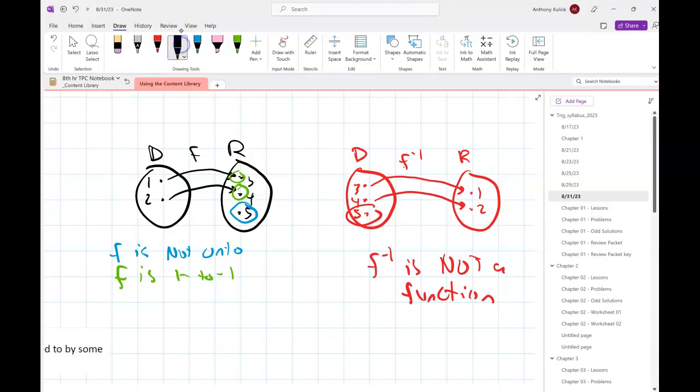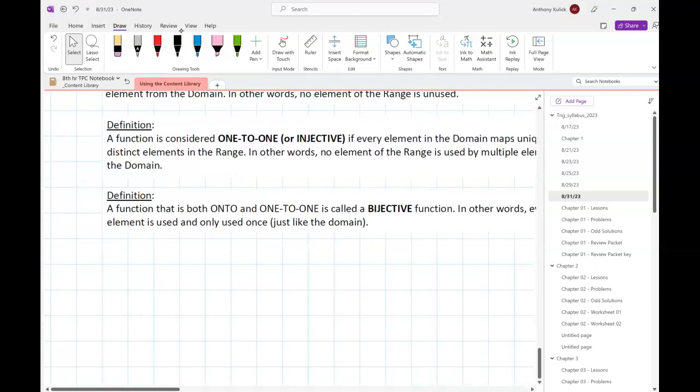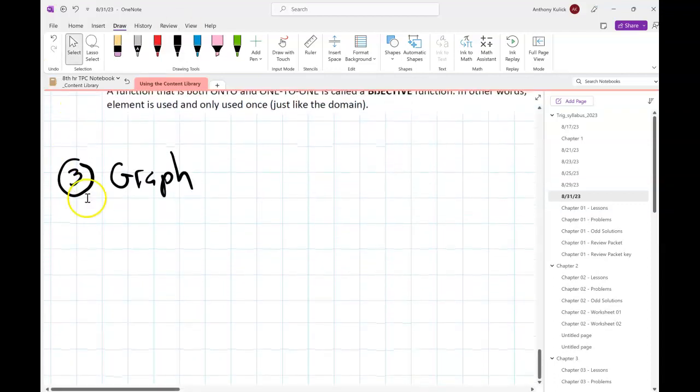So let's keep on exploring what's going on here. We've only looked at two of the different ways of representing a function, finding an inverse from that. Let's look at how we do this if we have a graph.